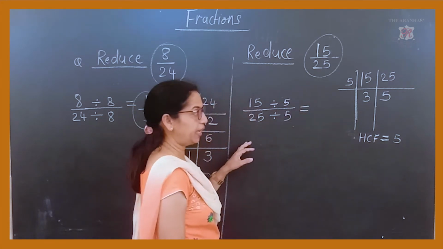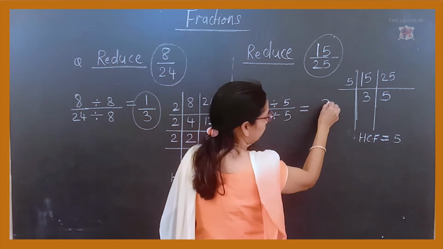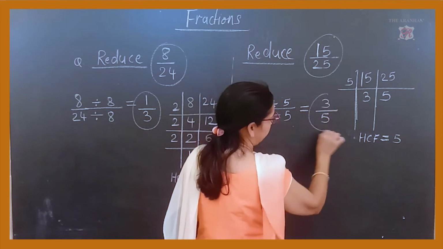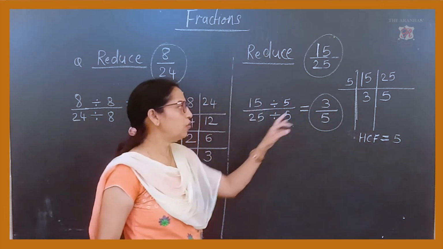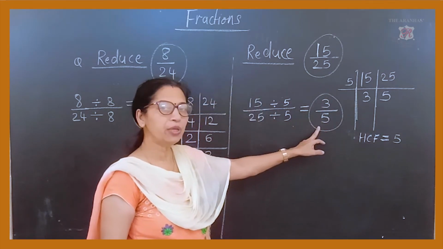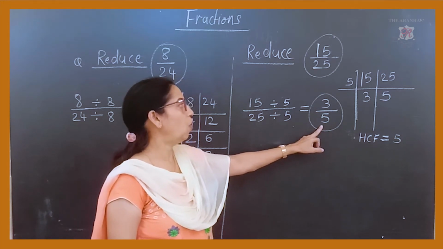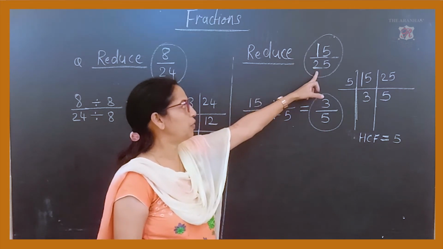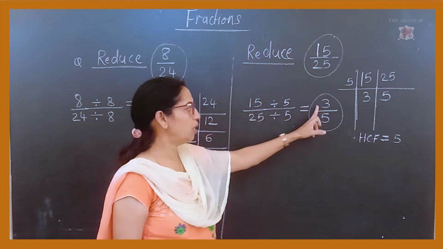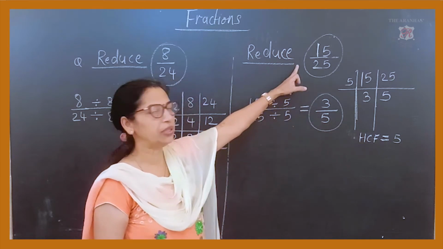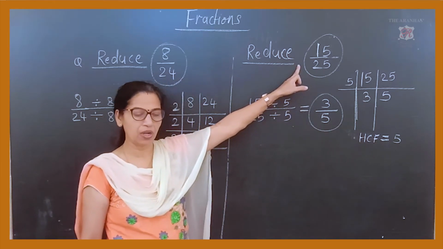Now what we get: 5 3s are 15 and 5 5s are 25. So 3 upon 5 will be the simplest form of 15 upon 25. So 3 upon 5 is called the reduced form of the given fraction.